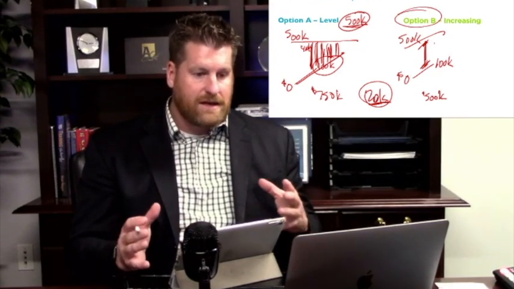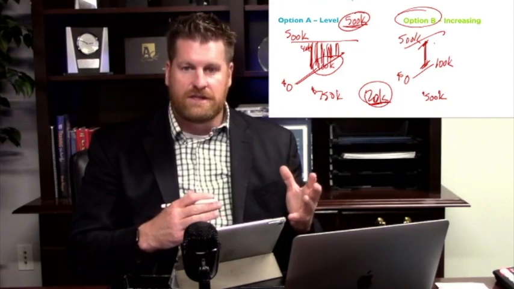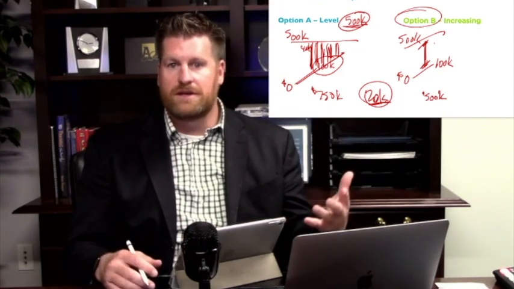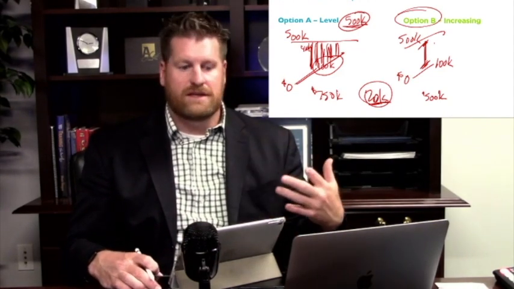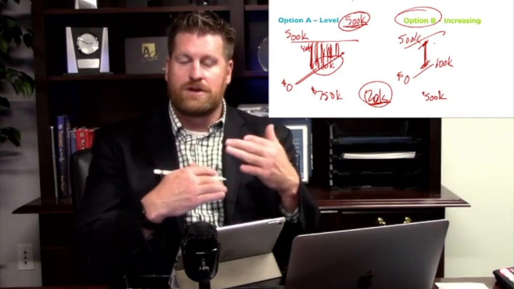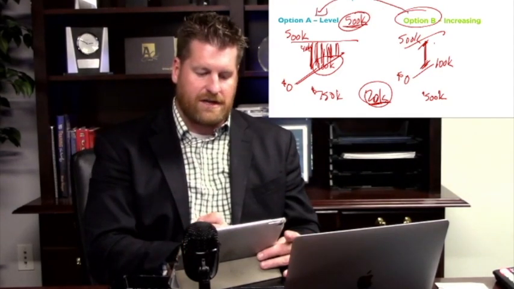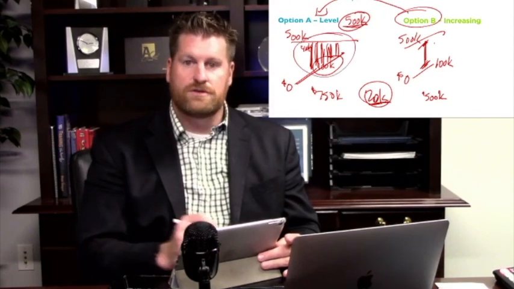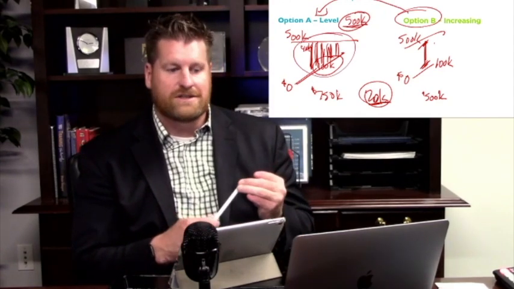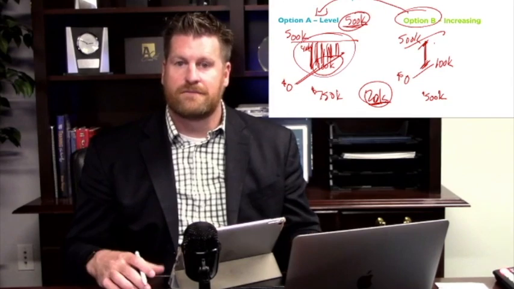But when you no longer are contributing and you no longer need that extra window of contribution, you can switch to an option A and greatly reduce the total cost in the policy.